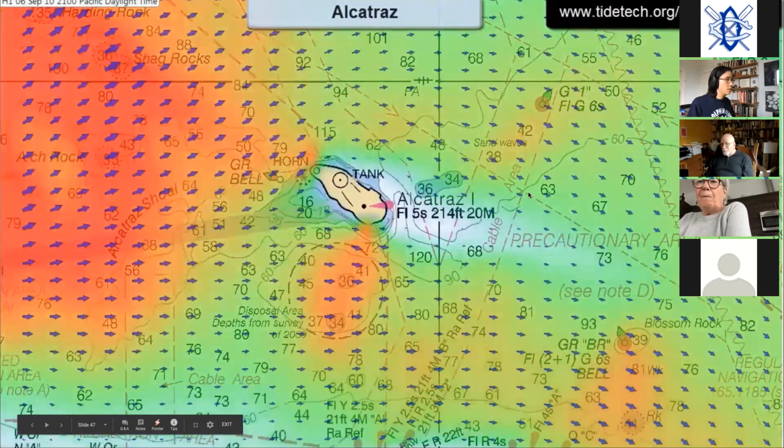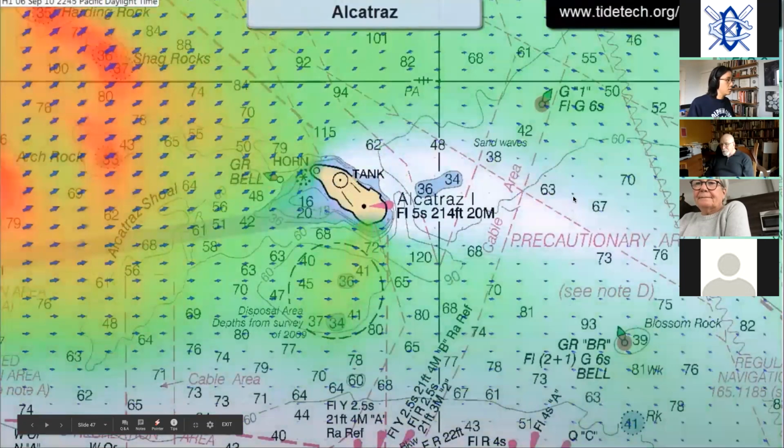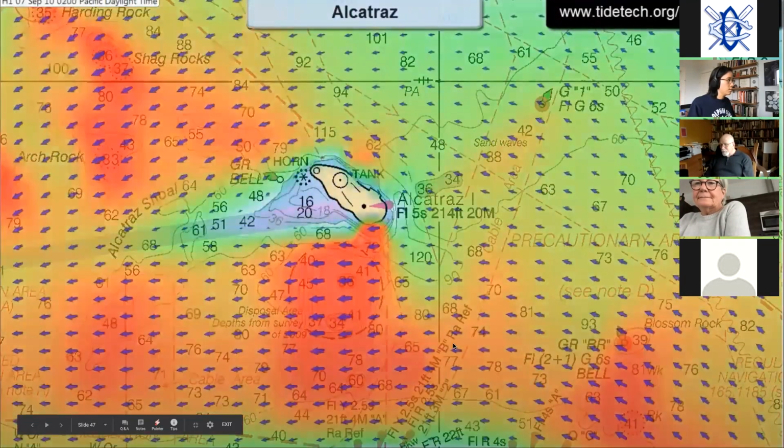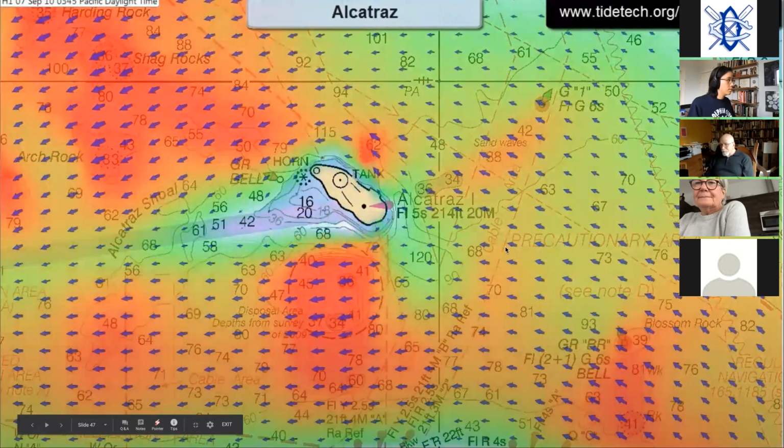And the numbers you see are what's called depth soundings. So you can see the depth of the bay here. It's actually interesting to note, like what I said about currents earlier, you can see that Alcatraz acts like a rock in a stream.